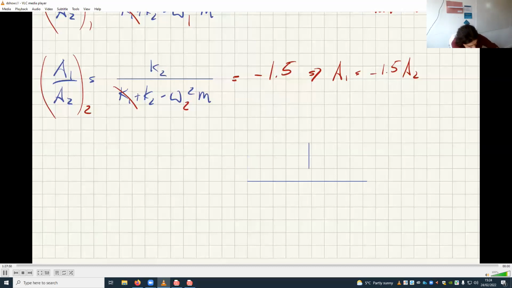If this mass moves 2 units, mass 1 moves minus 1.5 A2. It moves 3 units in the opposite direction. You agree? So this is 2, this is 3, which is 2 times 1.5, minus 3.